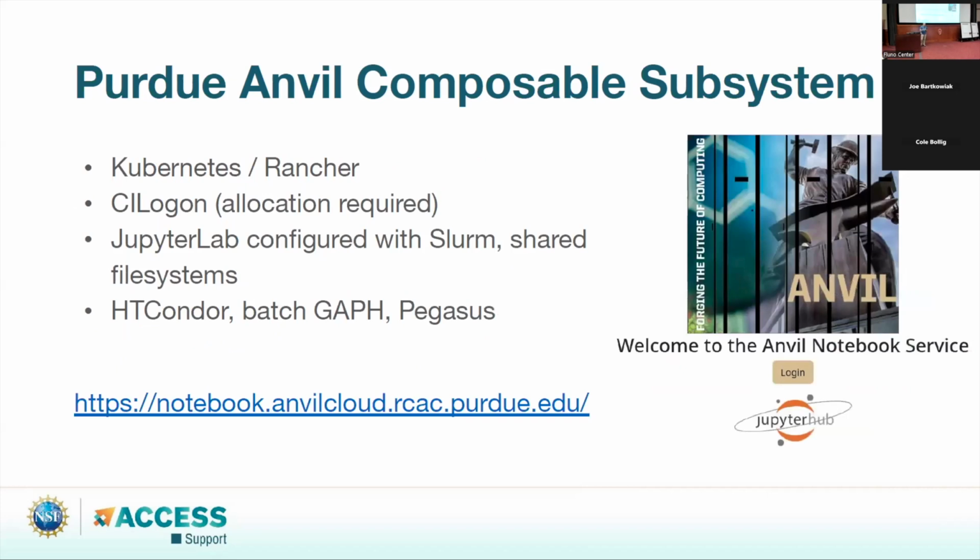The third AP that we have deployed support for is in the Purdue Anvil Composable Subsystem. So Purdue Anvil is mostly a traditional HPC cluster. It has Slurm, it has a bunch of compute nodes.